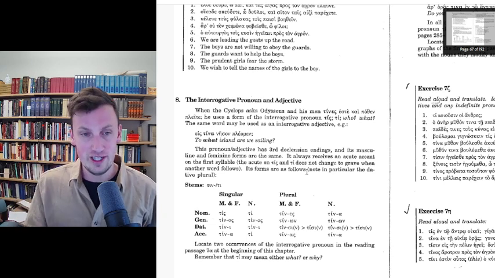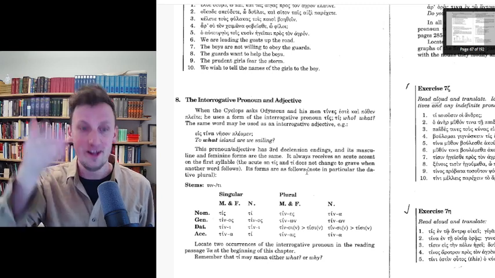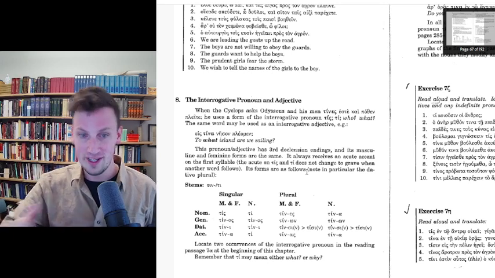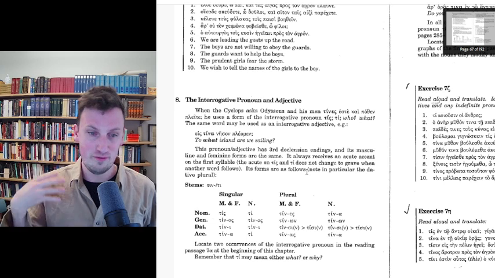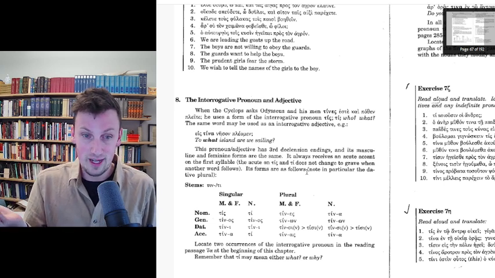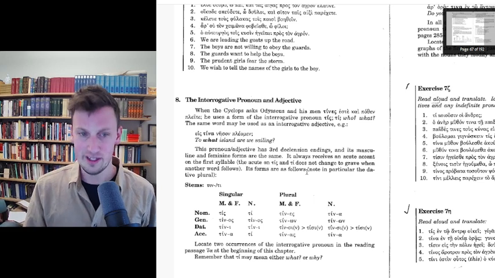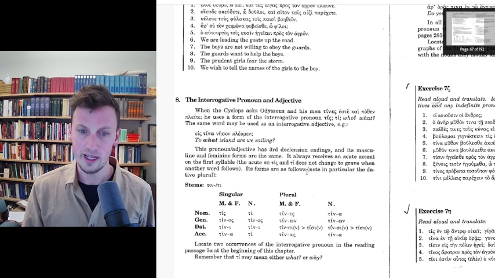It's called a third declension adjective. So I guess it's not even an adjective. I guess it can be an adjective. This pronoun and adjective, it can function both ways, is formed with more or less defective third declension endings. In fact, I'm not even sure it's defective. I think it might just be normal. I think it's just a normal third declension ending.